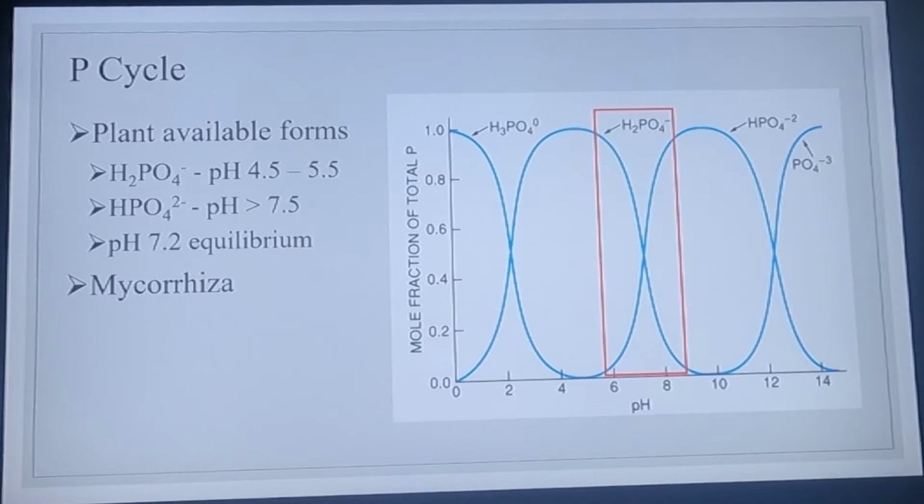Right, so there's this change that's going to happen as we have this pH influx, and we're going to change our speciation for phosphorus. 7.2 is the equilibrium between H2PO4 and HPO4 2 negative. So you can start to begin to think about which side of that 7.2 you fall on based on your soil test. So you'll know which plant available form you're taking up.